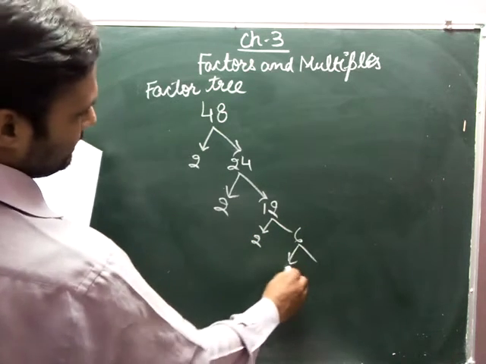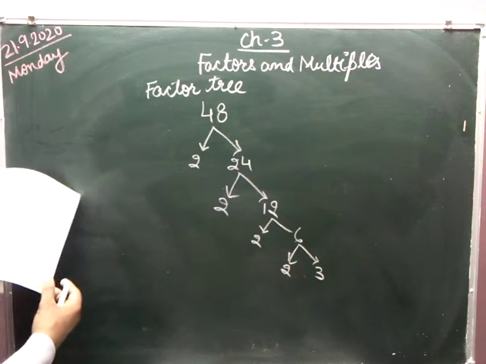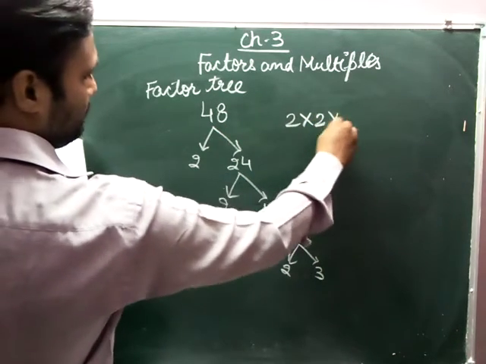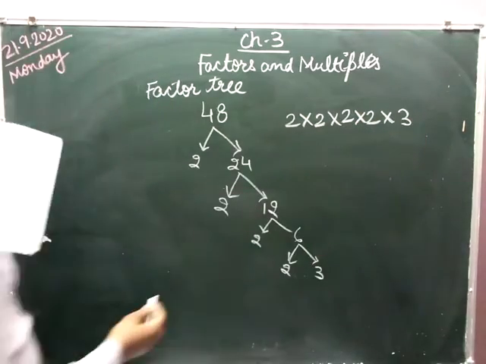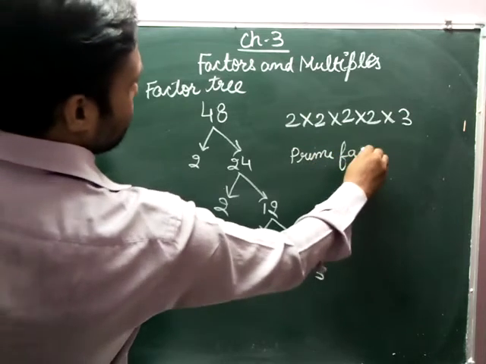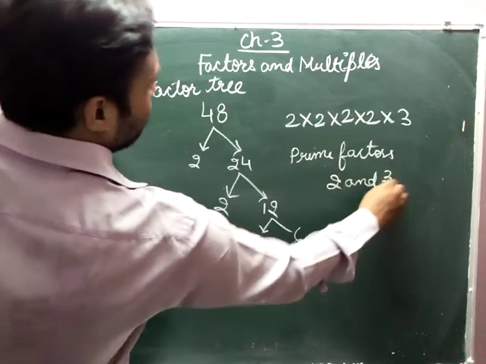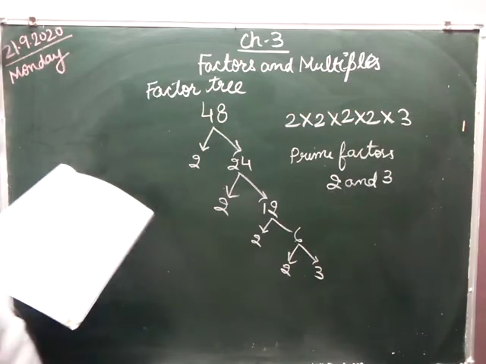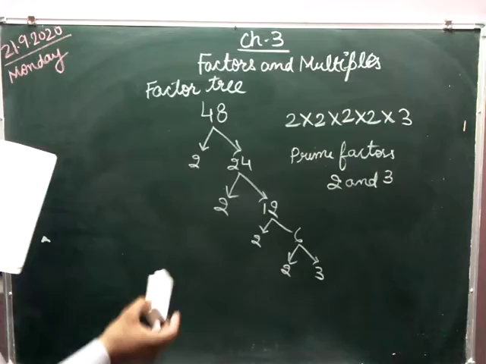Now 6 is again divisible by 2 and 3. So the factors here are 2 multiplied by 2 multiplied by 2 multiplied by 2 multiplied by 3. So the prime factors are 2 and 3. In this way we can take out the prime factors of any number through the factor tree.